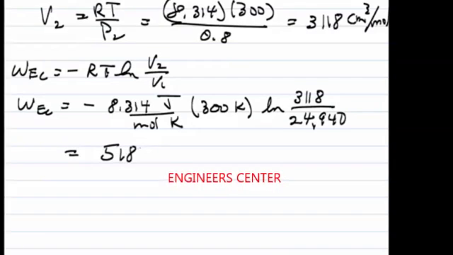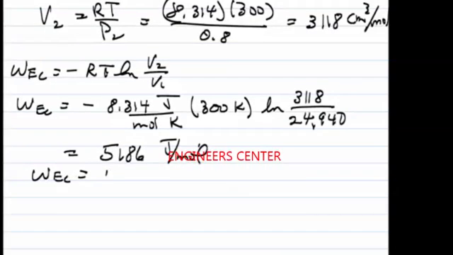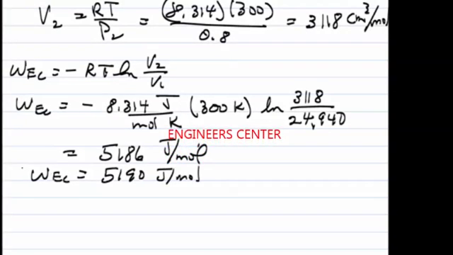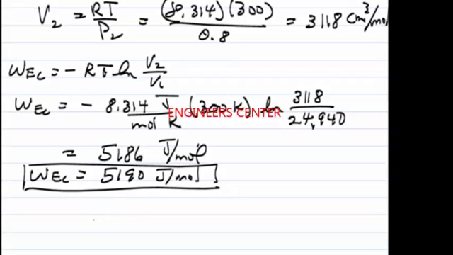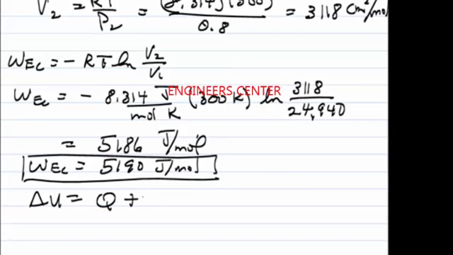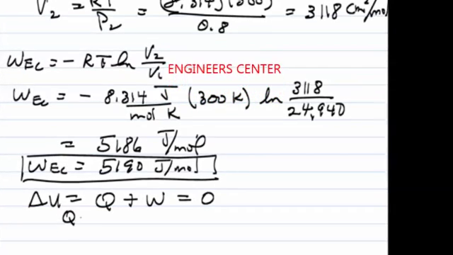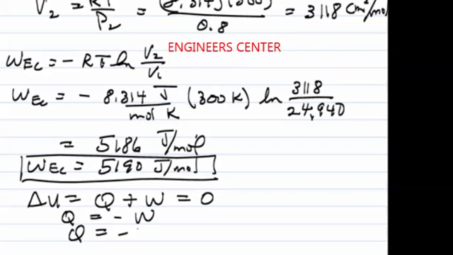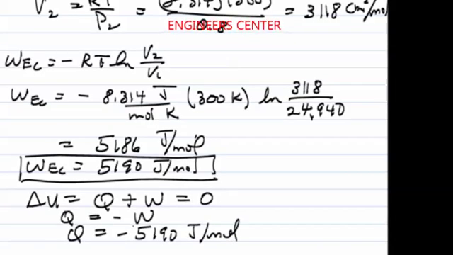This number, if we look at the significant figures, probably 2 significant figures is justified. I'll put one more down here, but we're only given some of the values to 2 significant figures. Back to the first law. It's isothermal, delta U was 0, so Q is minus W, and therefore Q is minus 5190 joules per mole.